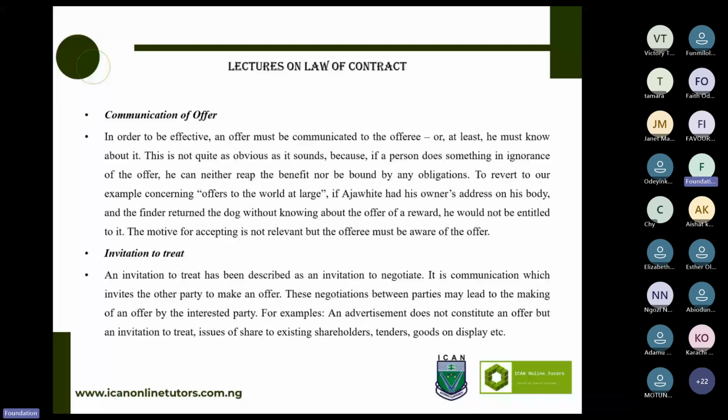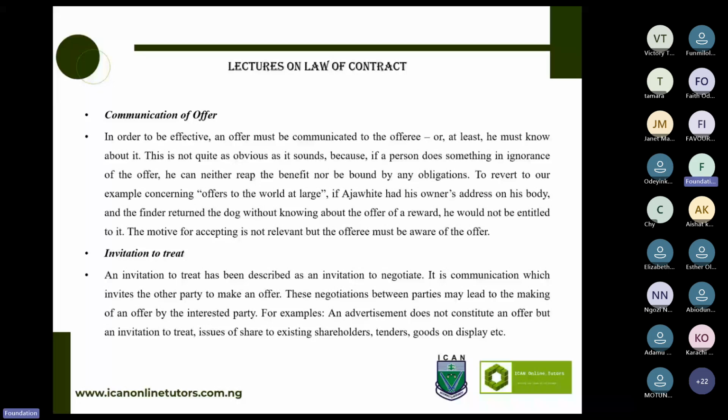So, by extension, invitation to treat is an intention to bring about negotiation. It is a communication that invites you, the other party, to make an offer. A very good example is when you enter a supermarket, you have a plan to buy that item for 10,500. You got there, it is now 12,500.